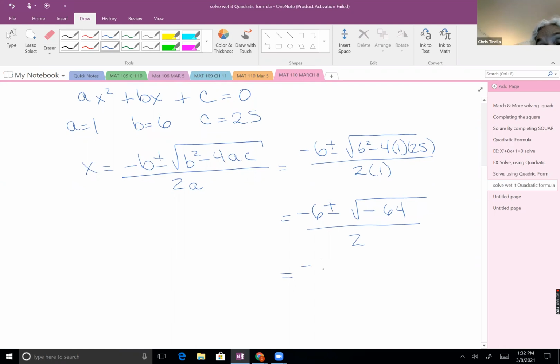Gives me negative 6 plus 8i over 2, or negative 6 minus 8i over 2. But those would each simplify to negative 3 plus 4i, or negative 3 minus 4i.